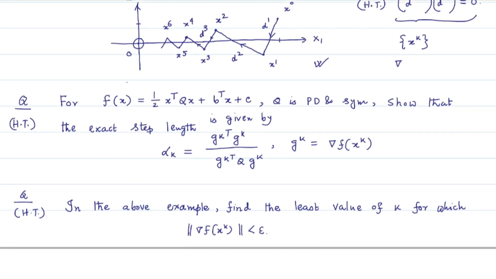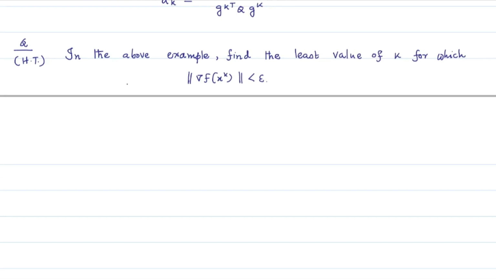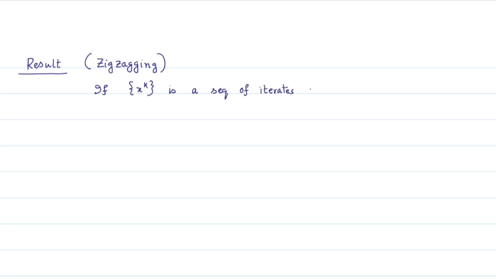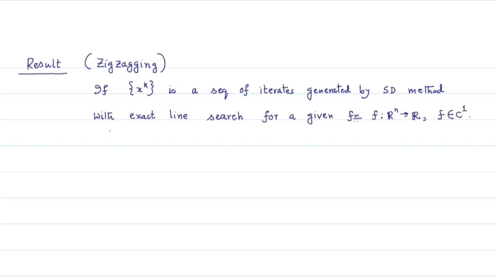Let us now prove the zigzagging phenomenon for a general function that is known to have continuous first order partial derivatives. Let us suppose xk is the sequence of iterates generated by the steepest descent method with exact line search.